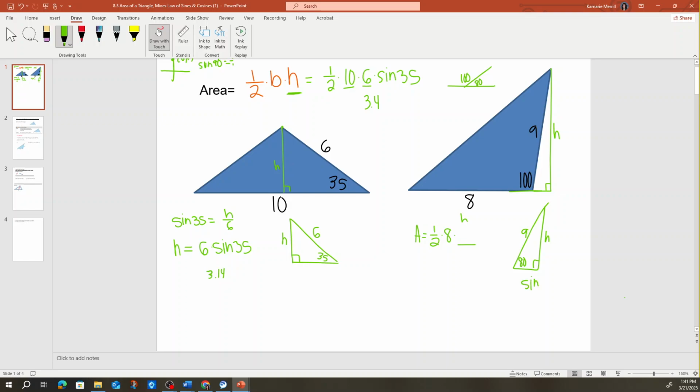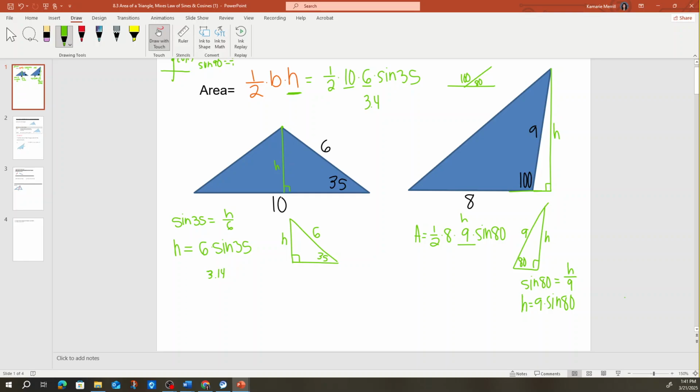Sine of 80 is equal to h over 9, right? And then if I solve for h, I would say 9 times sine of 80. Now, this gets a little confusing.